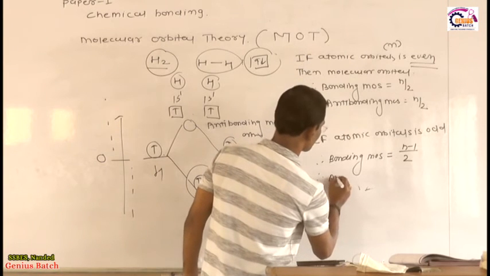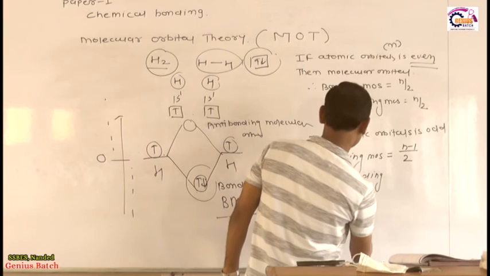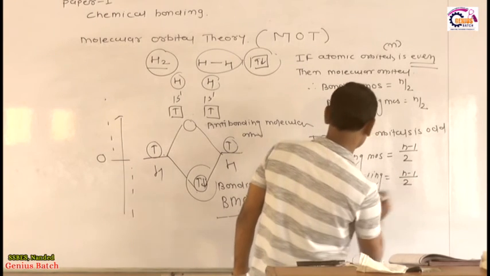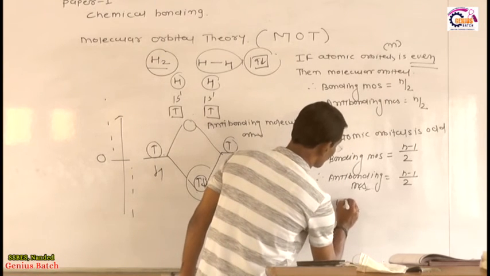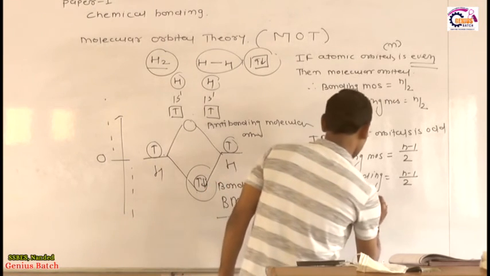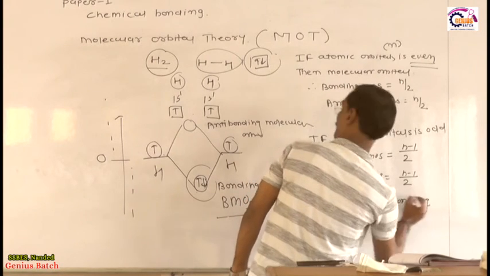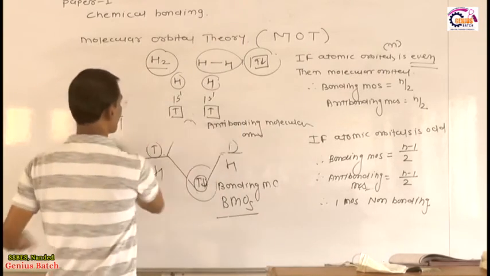The same thing happens here. How to calculate the anti-bonding MOs? The anti-bonding MOs are also n minus 1 by 2, and 1 remains, and that remaining 1 MO is called the non-bonding MO, which has 0 energy. I will draw the picture of non-bonding.